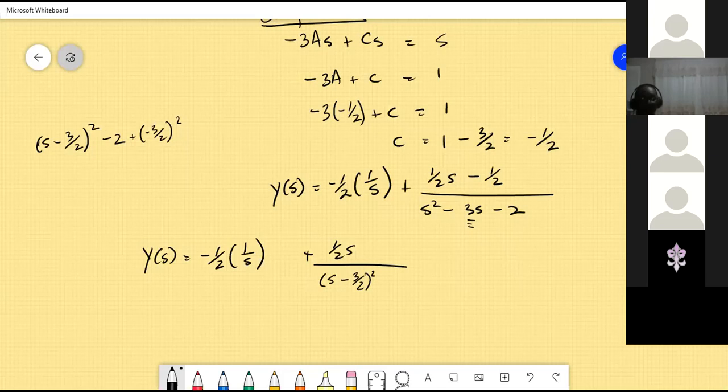And this is minus 2 plus 9 over 4. That's minus 4 over 4. I'm doing all of this by hand. Plus 5 over 4. Minus a half s over s minus 3 over 2 squared plus 5 over 4.